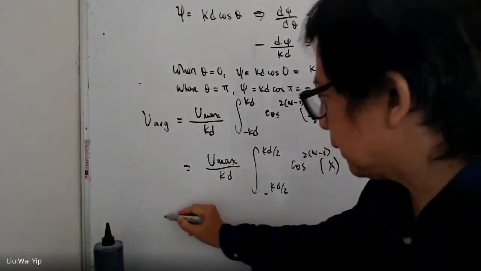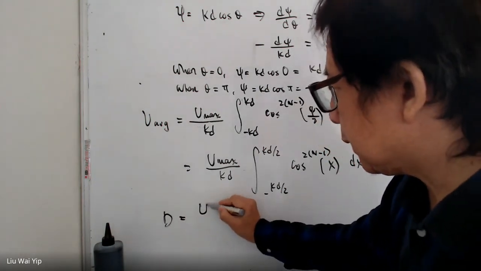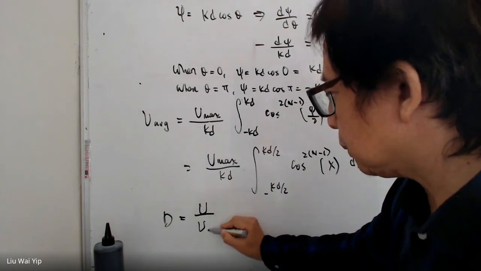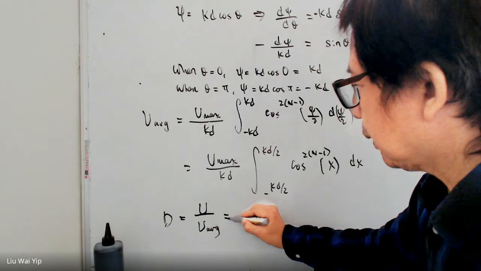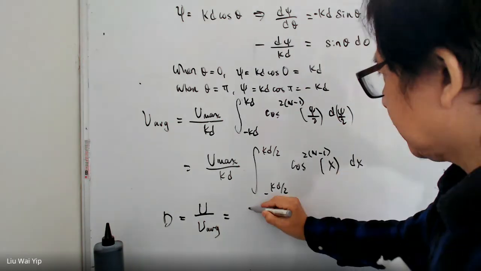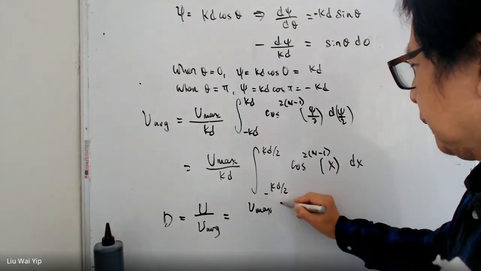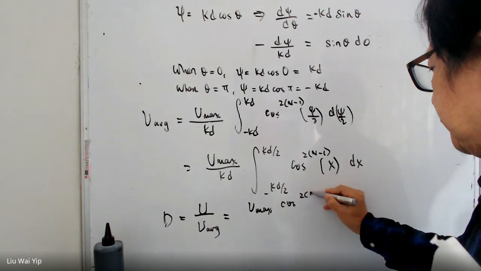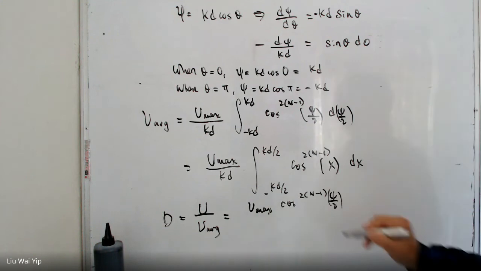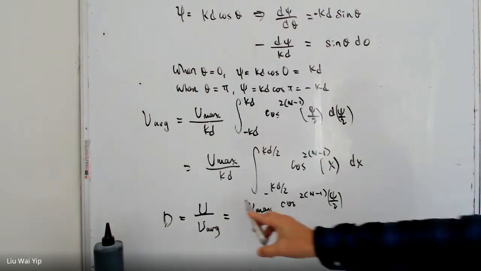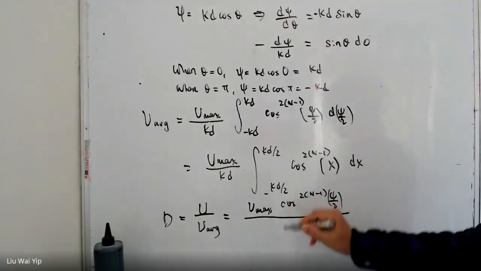The directivity is going to be, by the definition of IEEE, U divided by U average. And what is U? U is U max times cos, and then pi over 2. This is the original function of U, divided by this expression.